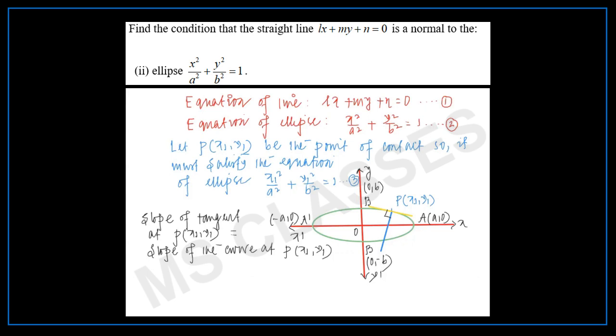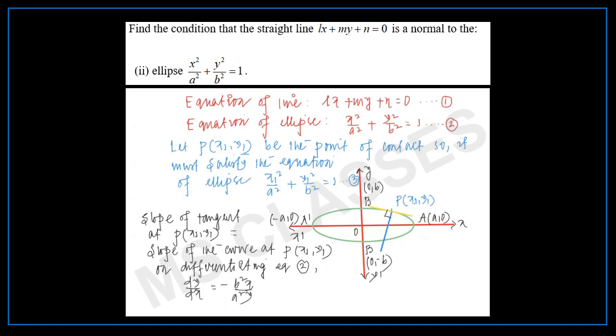So for that, at first we will differentiate equation 2. On differentiating equation 2, we get dy/dx equal to minus b square x by a square y. Now we are trying to find the slope at the point P x1 y1.